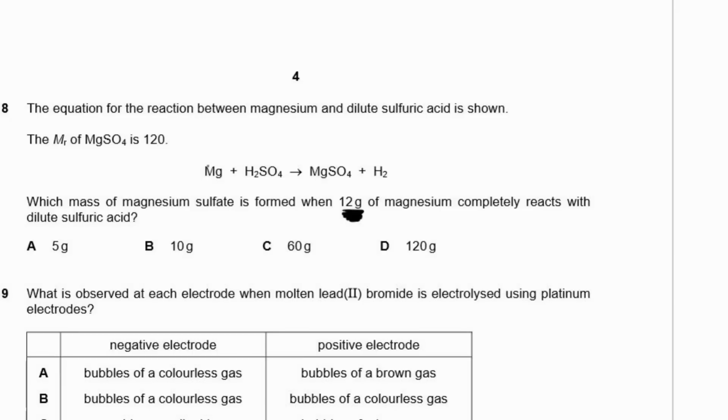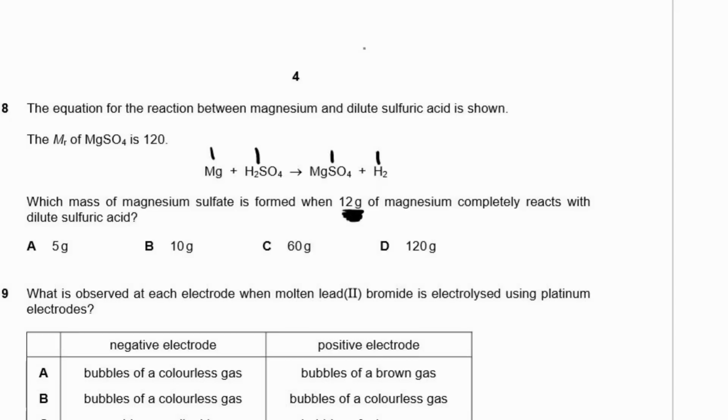No, you don't look at grams when you're looking at the equations. You need to know moles. 1 mole of magnesium reacts with 1 mole of dilute sulfuric acid, producing 1 mole of magnesium sulfate plus 1 mole of hydrogen. Okay, because there's no number in front of the reactant or product.